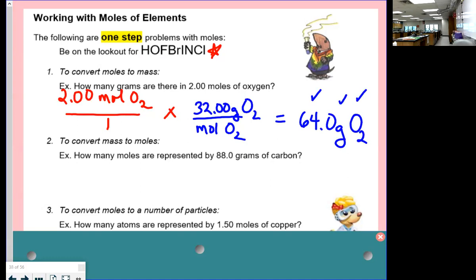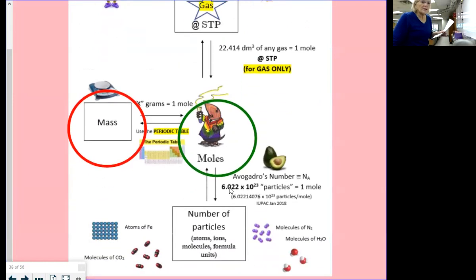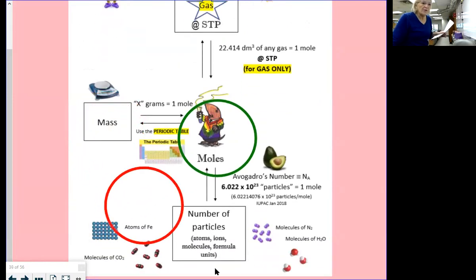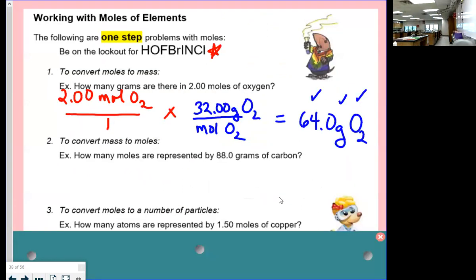Number 3, to convert moles to a number of particles. Let's look once again at, if you're given moles and you want to get down to the number of particles, what's your conversion? To go from moles to number of particles, you use Avogadro's number. Here's the equality. So I'm going to save some time and tell you that.